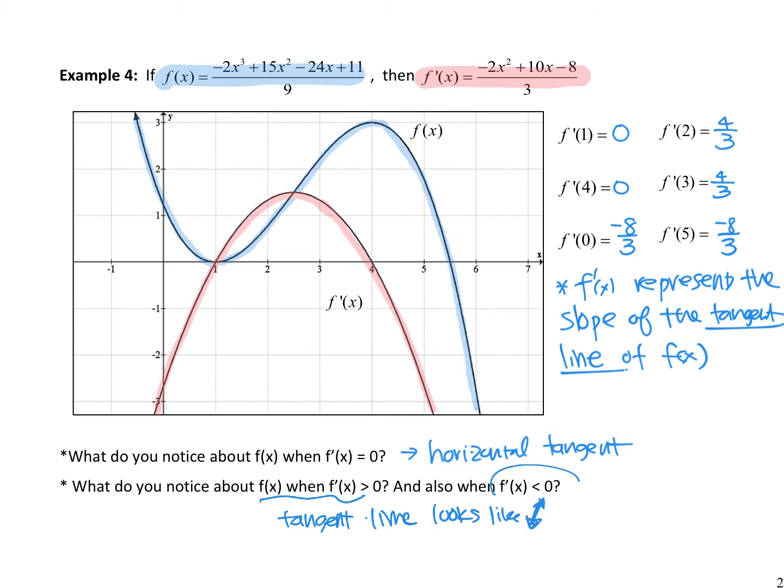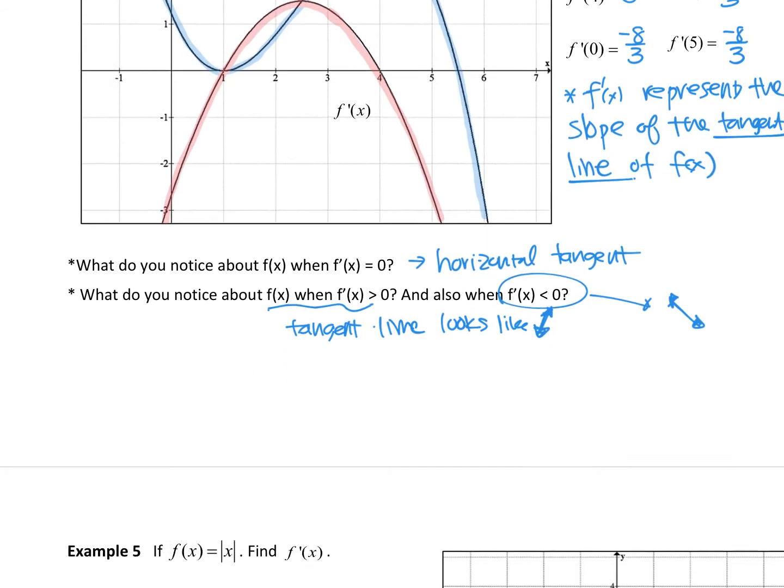And when it's the other way around, your tangent line looks like this, going down. Something like this has a positive slope; something like this has a negative slope. So by looking at the shape of the graph, I can tell what kind of derivative you're going to get.